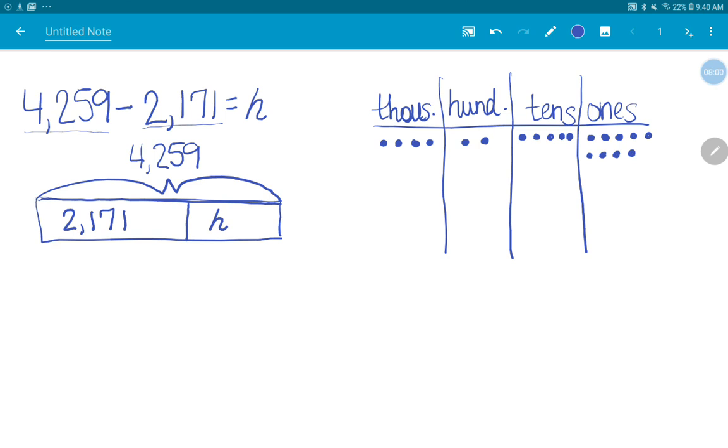So I'm going to just write this same problem down: 4,259 minus 2,171. I'm subtracting, so I've just written it vertically. And you can go ahead and do this at the bottom space on your work mat.